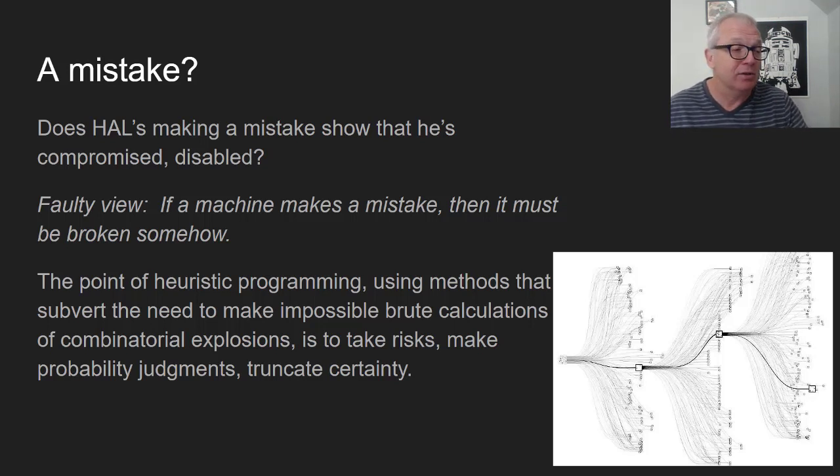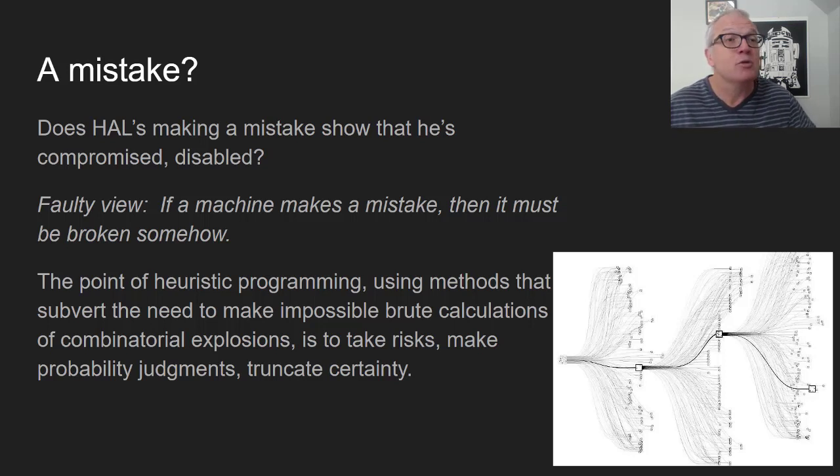So good decisions, including good AI decisions, good machine decisions, are always going to be making educated guesses, hopefully good probabilistic guesses about what is probably going to happen next. And those will be wrong sometimes. That's part of what it is to be doing inductive reasoning.